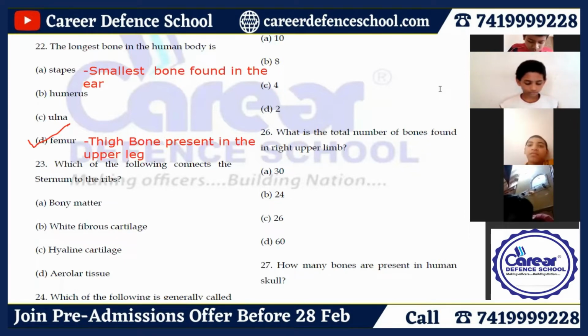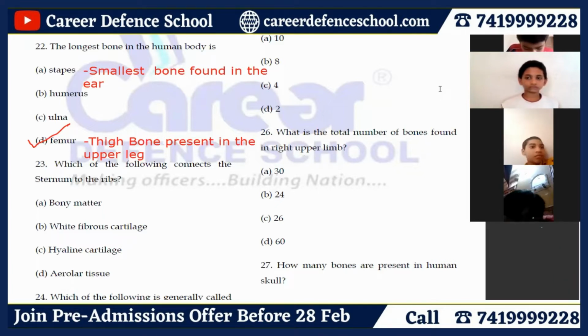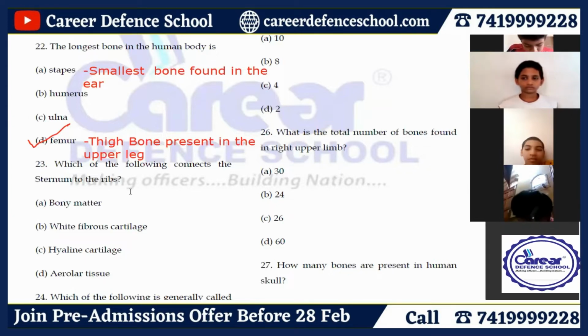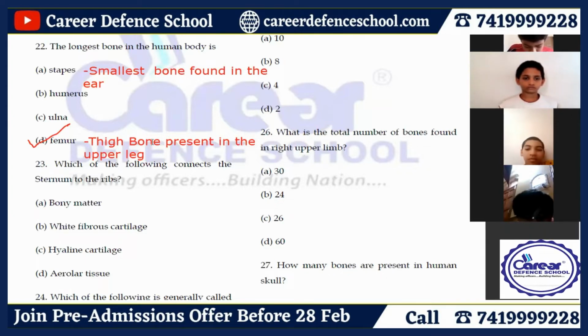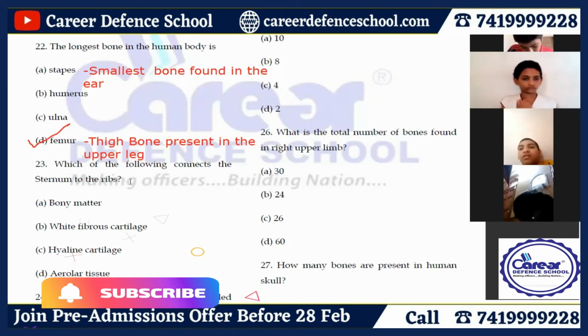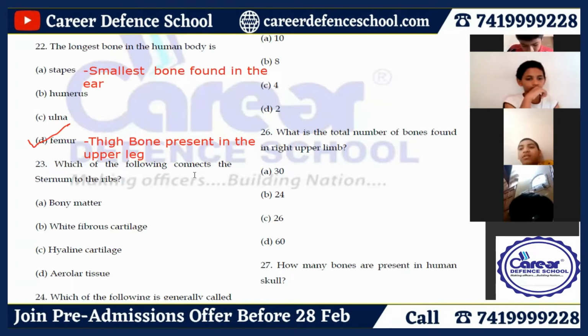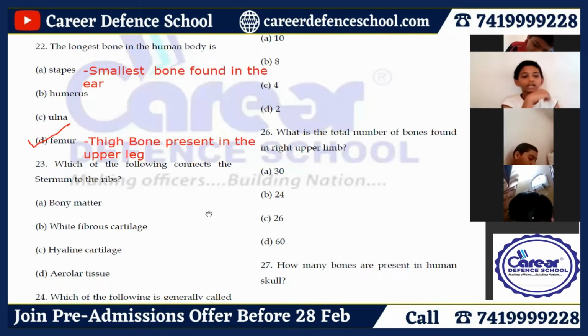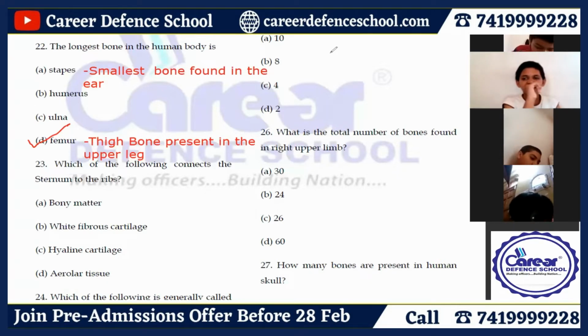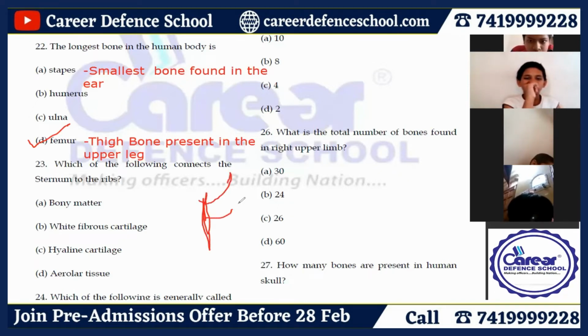Okay. Next question, Ruchi, I think. Yes, tell me. Which of the following connects the sternum to the ribs? Bony matter, white fibrous cartilage, hyaline cartilage, or areolar tissue? This is your sternum, and the ribs are connected with this sternum.